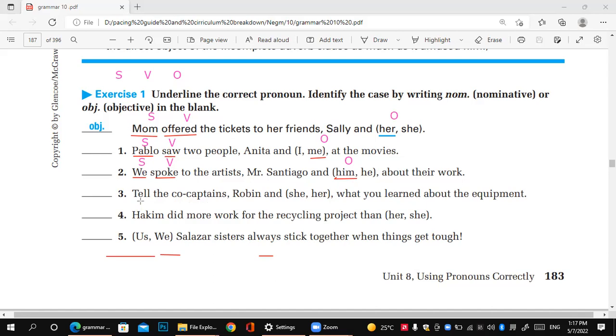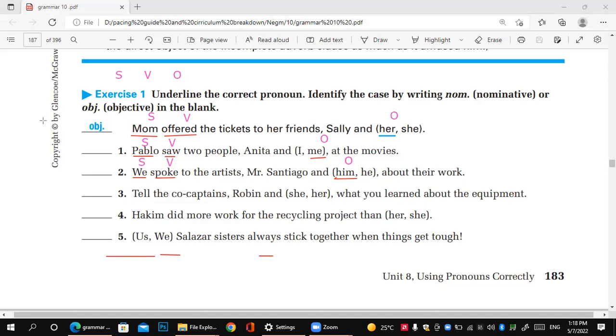So you tell the co-captains, Robin and her. I can't use "she," because I can't use the subject here.